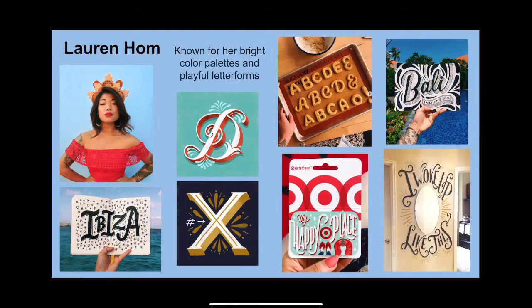Here we have Lauren Hum. She's known for her bright, colorful palettes and her playful letter form, meaning that when she creates her letters, she tries to use many different kinds of lines and shapes to give them a little bit of a pop. She also likes to make sure that her letters are super colorful.